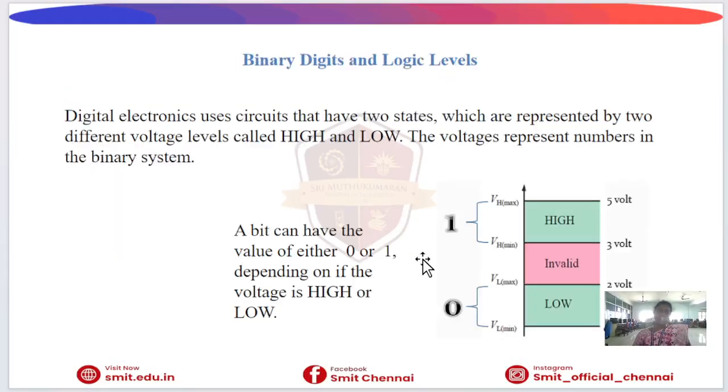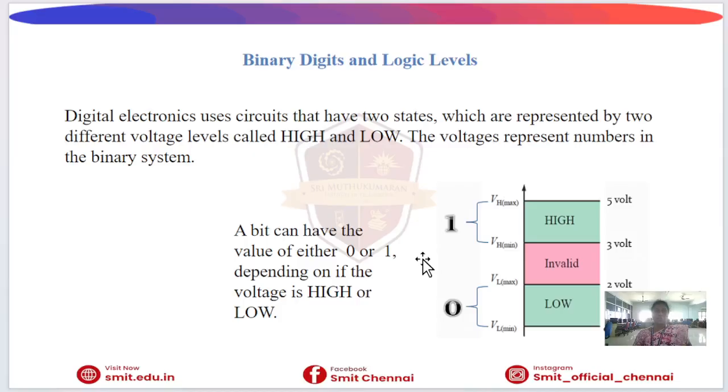Now, binary digits and logic levels. Digital electronics uses circuits that are physically represented by voltage levels. A circuit does not understand the symbol 0 or 1 by itself. Instead, one voltage range is treated as low and another voltage range is treated as high.